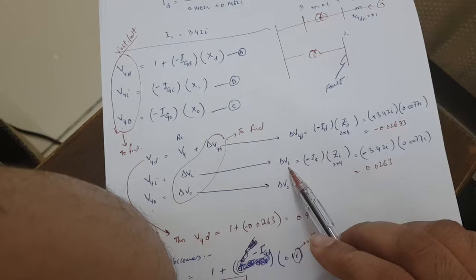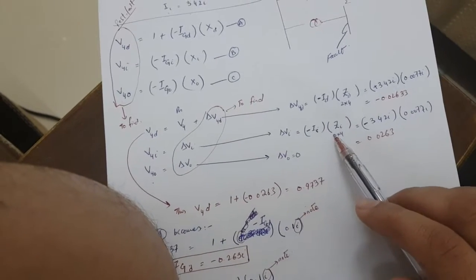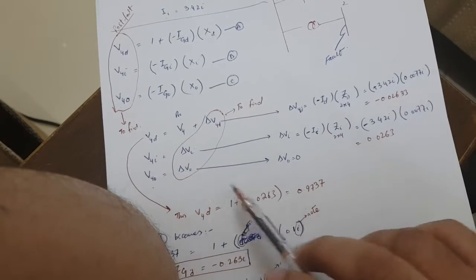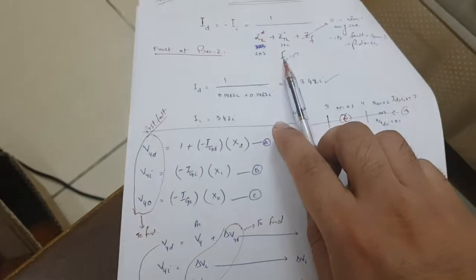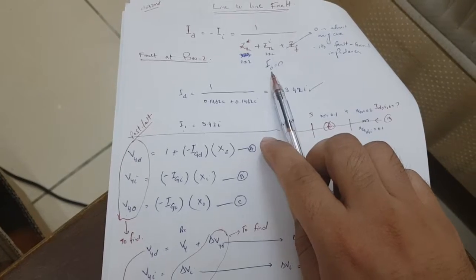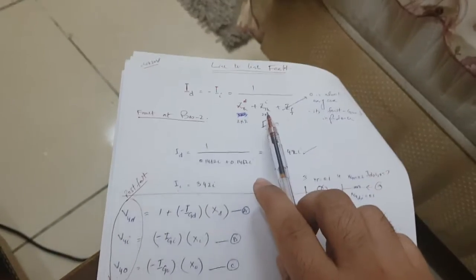Similarly, negative sequence and zero sequence is already 0 because we are supposing we are given I0 is equal to 0 for the case of line to line.